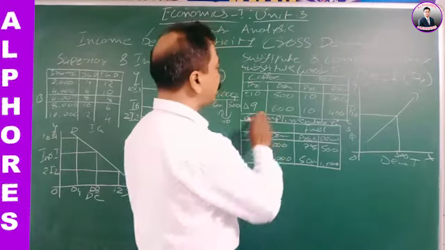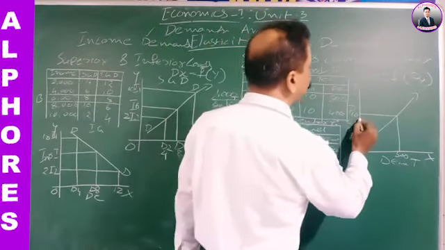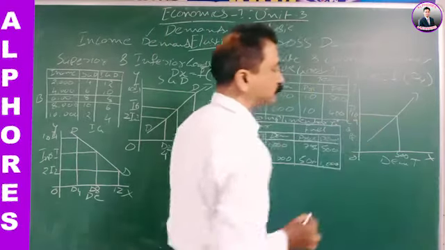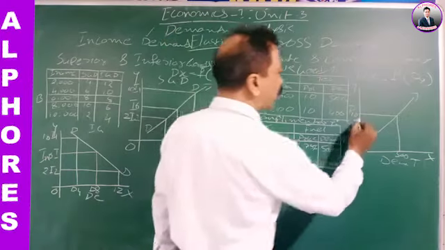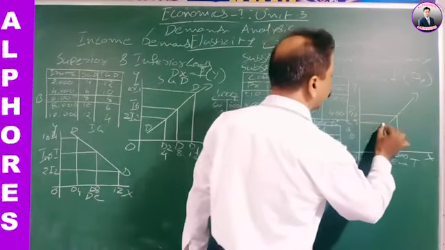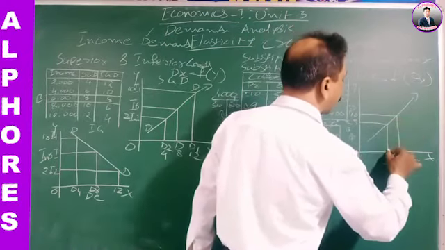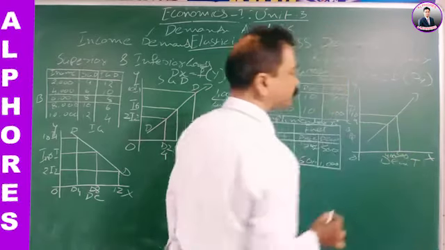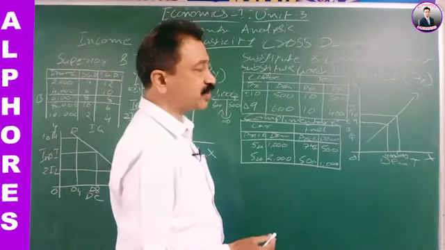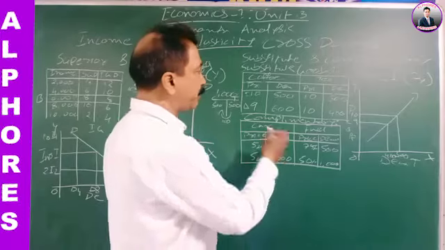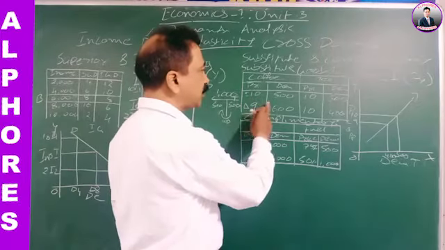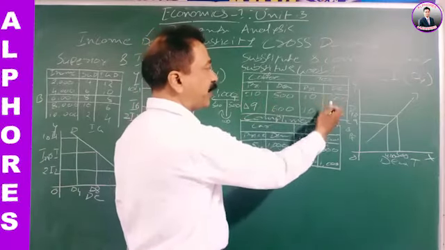Then all of a sudden, price of coffee decreased to 9, and that caused demand of tea to decrease to 400. Yes or no? That is what happened. Price decreased, demand of coffee increased, but tea demand decreased.